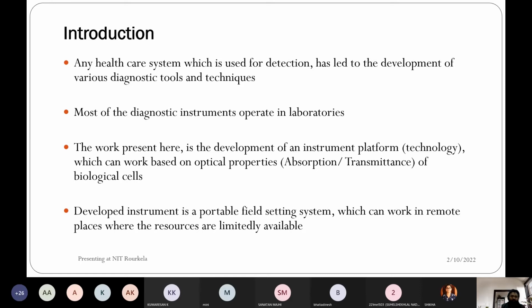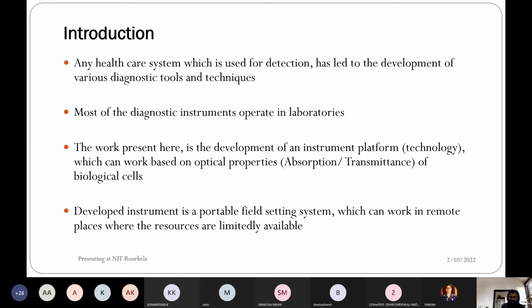So of course, if you want to screen and eradicate or eliminate any diseases, it is not easy. Suppose you have one system or one technique, you cannot utilize it for everyone, right?